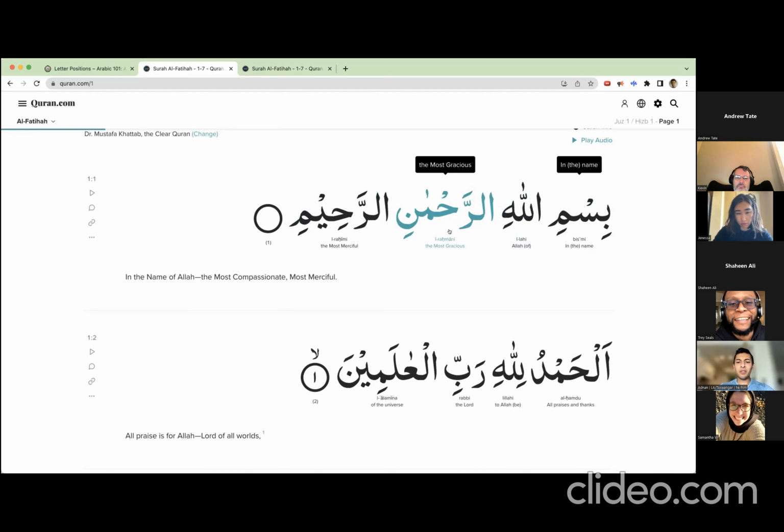This is a very beautiful concept, the concept of God's compassion that is so intensive that it envelops everything: rahmati wasi'at kulla shay. As for the meaning of the word Rahman versus the following word Rahim, it's thought that Rahman refers to God's compassion, which affects everyone or touches everyone.